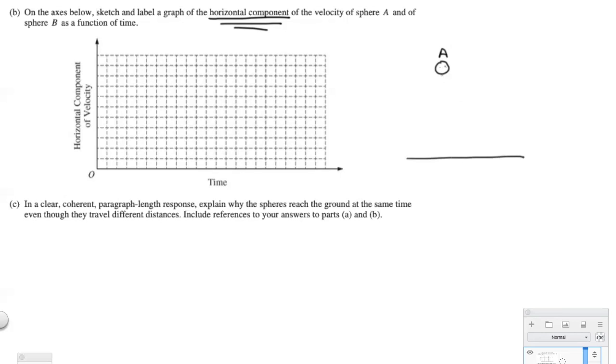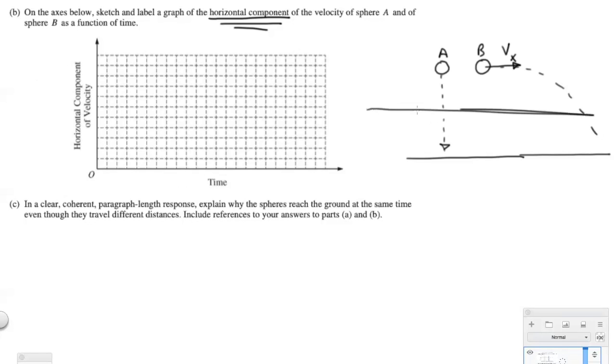Sphere A just went straight down to the ground like that, whereas sphere B started with a horizontal velocity and traveled like that. So if we focus on horizontal velocity, ignoring vertical velocity, for this graph here, we're focusing on the x direction only, this way.